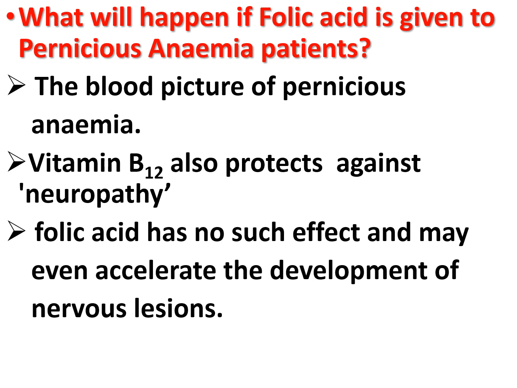But vitamin B12 protects against neuropathy, and folic acid has no such effect, meaning it does not protect against neuropathy, and it may also accelerate the development of the nervous lesion. So if we give folic acid to a pernicious anemic patient, it does not protect against neuropathy, but only improves the blood picture of the pernicious anemia.